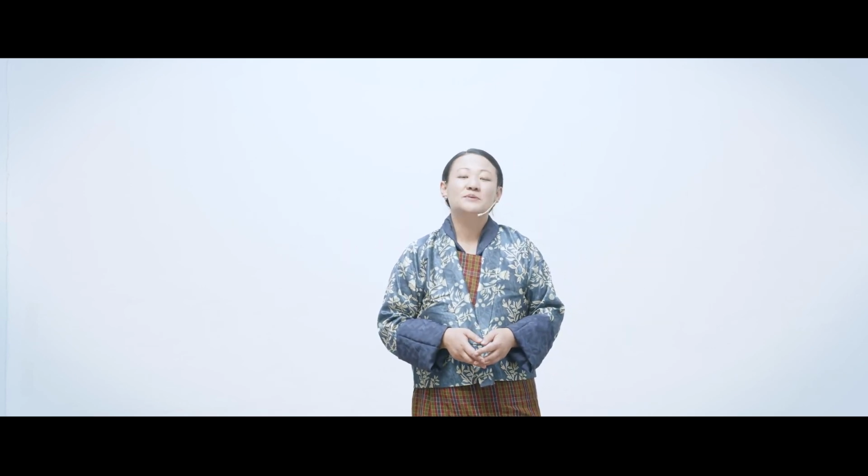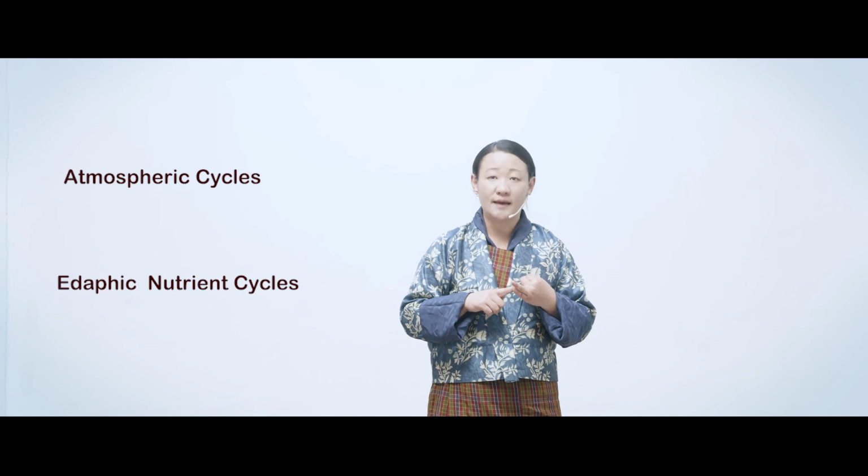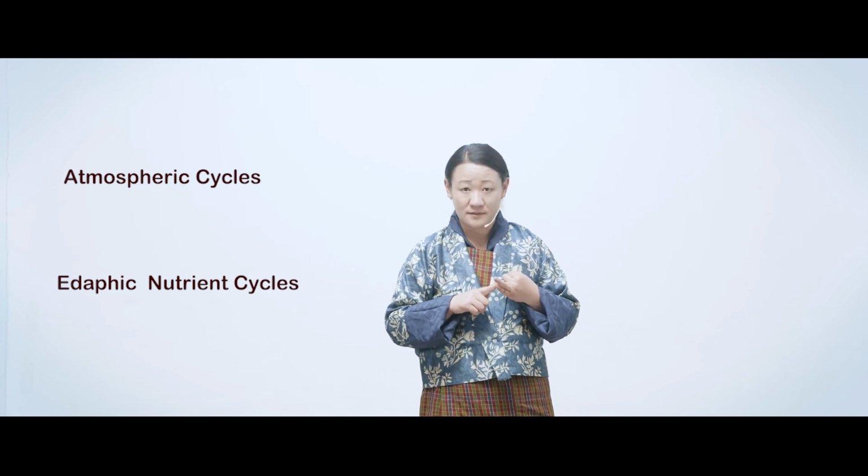Now we have come to the end of the lesson, and today we discussed a lot on the biogeochemical cycles. So let us recapitulate what we have learned. Firstly, we defined biogeochemical cycles. Then we talked about the classification of biogeochemical cycles as atmospheric cycles and edaphic nutrient cycles.